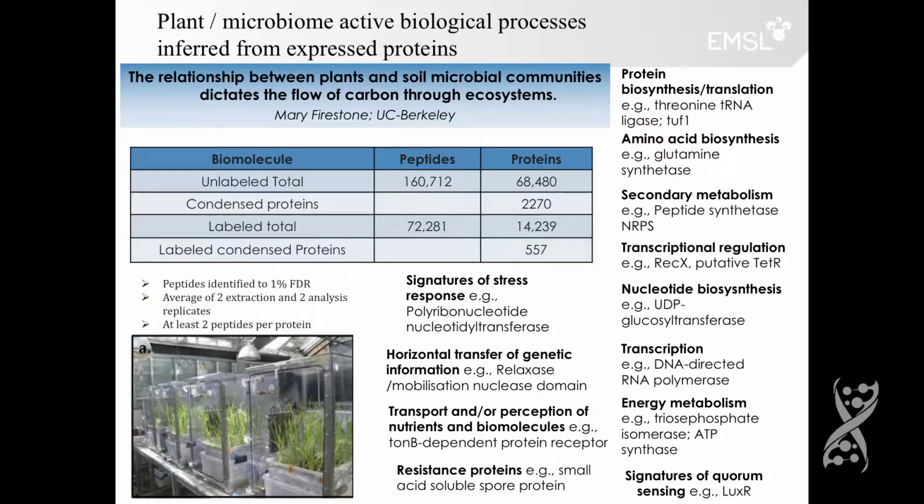Going through a metagenome that was sequenced by the JGI, we were able to characterize over 68,000 proteins out of our metagenome. Now, we have an unbinned metagenome, which means we don't have, at the moment, organismal identifications of what our proteins are.